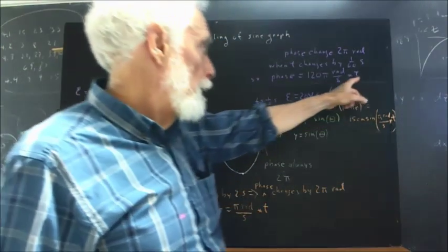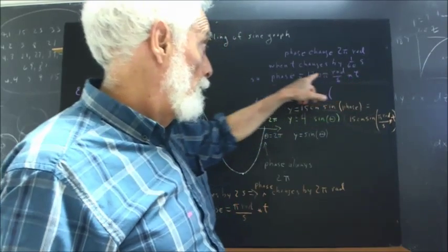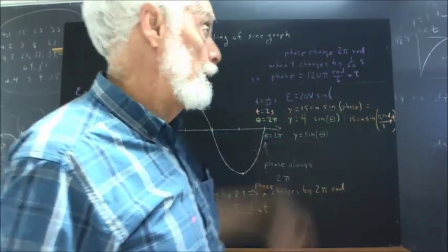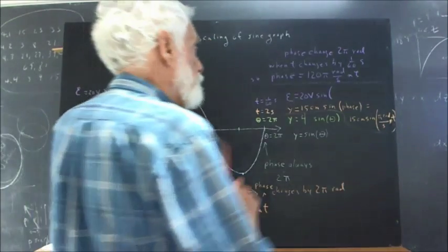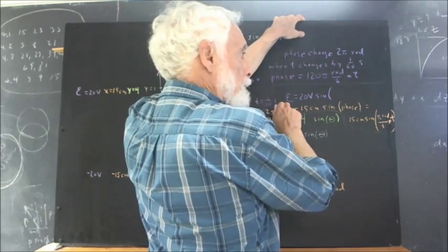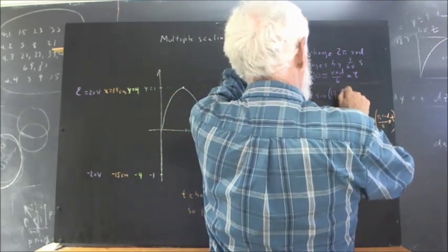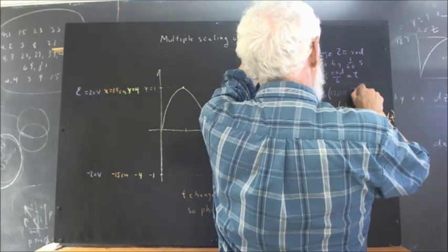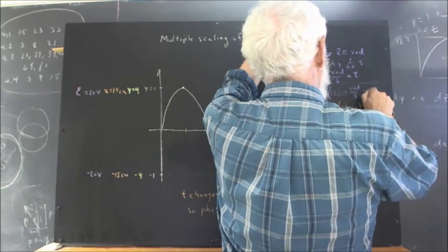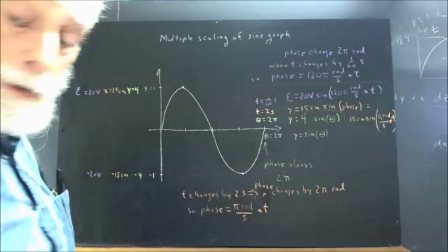You can verify that if t is 1/60th of a second, then you're going to get 2 pi radians out of this. So that this equals the EMF, electromotive force, is 20 volts times the sine of 120 pi radians per second multiplied by t.